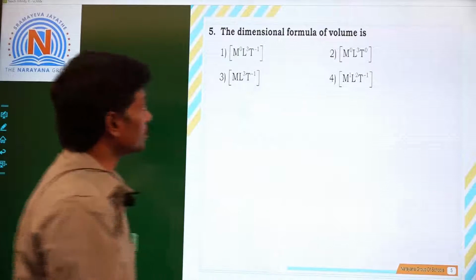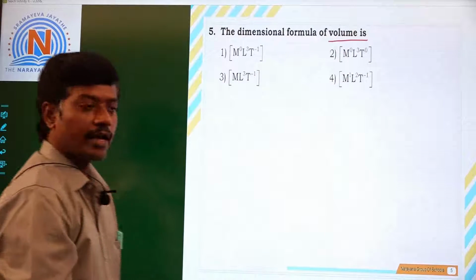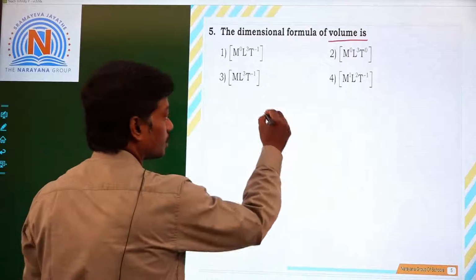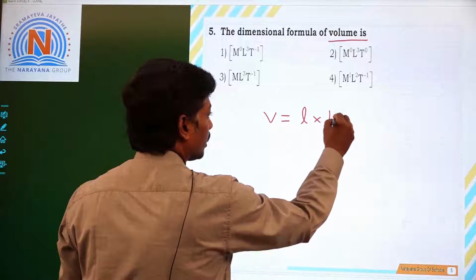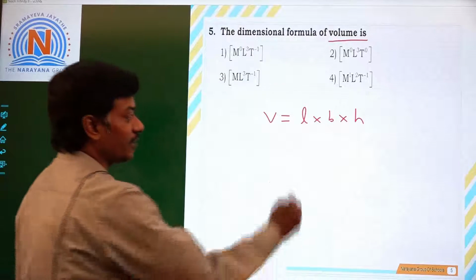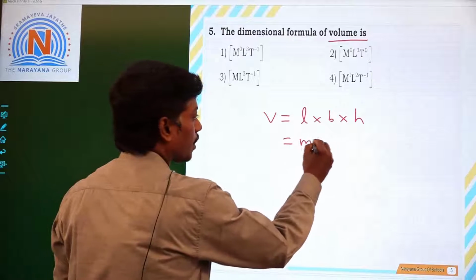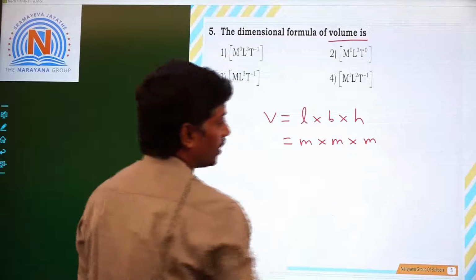If we see the fifth question, dimensional formula of volume. According to the general formula of volume, as we have seen, volume is equal to length into breadth into height. Length has unit meter, breadth has unit meter and height also has unit meter.